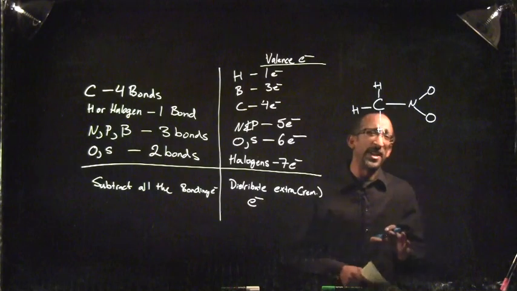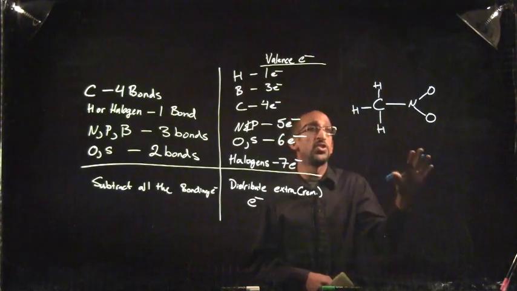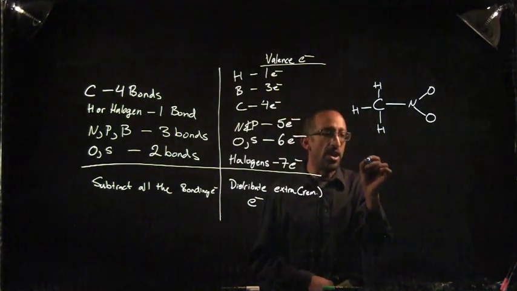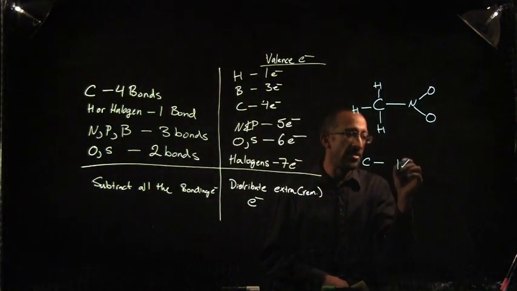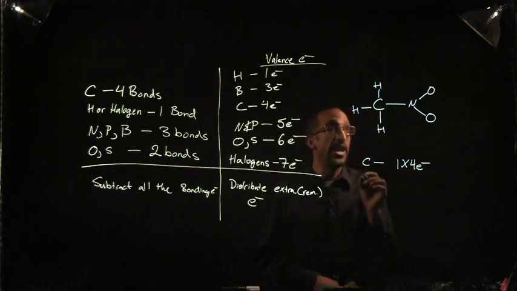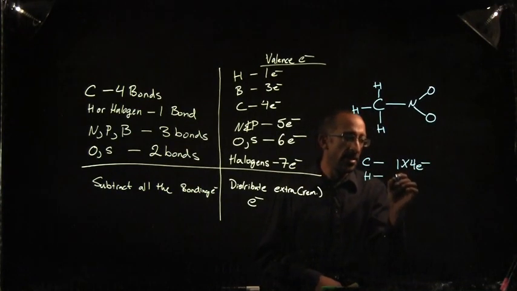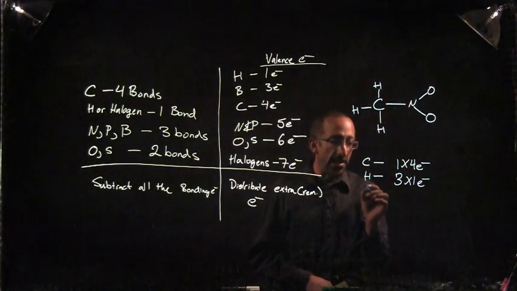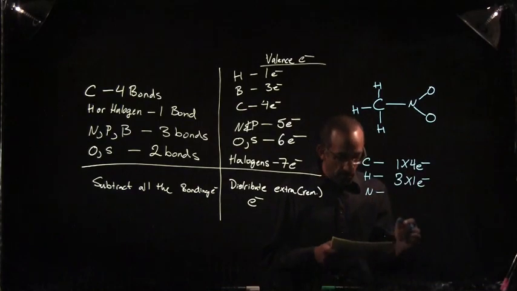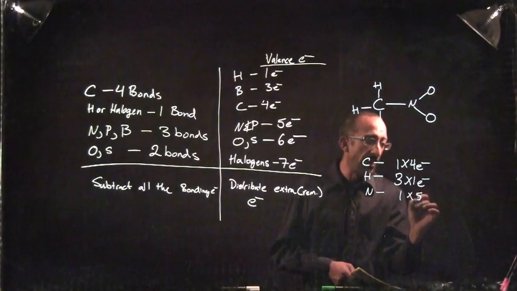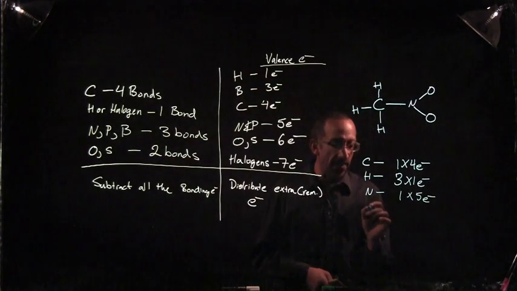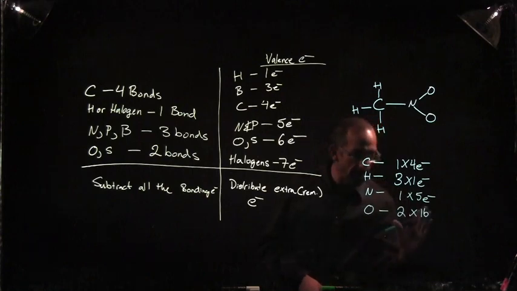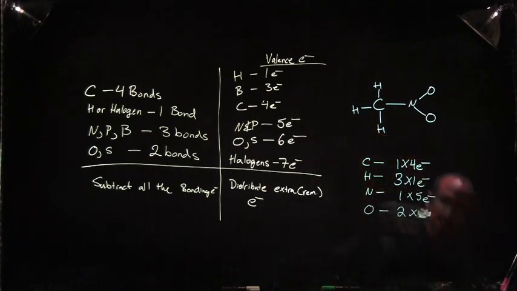So we're going to begin with the same steps. First, we're just going to determine the total number of valence electrons in the molecule. And so we have 1 carbon atom, and that's going to be 1 times 4. We have 3 hydrogens. That's going to be 3 times 1 valence electron. We have 1 nitrogen, which is going to be 1 times 5 valence electrons, and we have 2 oxygens.